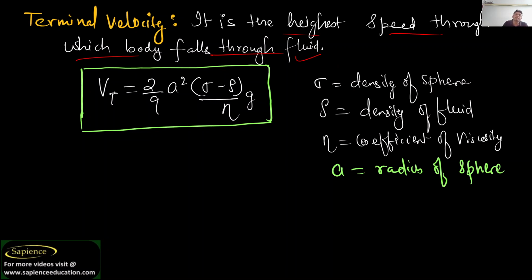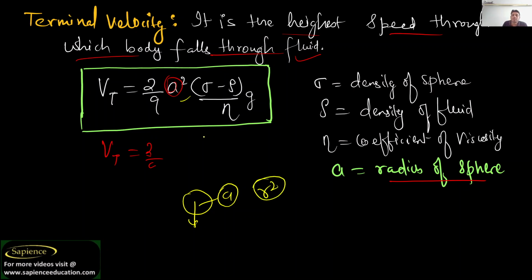In a fluid, the maximum velocity which it will attain is known as terminal velocity. So terminal velocity Vt is equal to 2 by 9 into a square. What do you mean by a square? A is the radius of the sphere. You can use a, or you can also use r square, no issue at all.